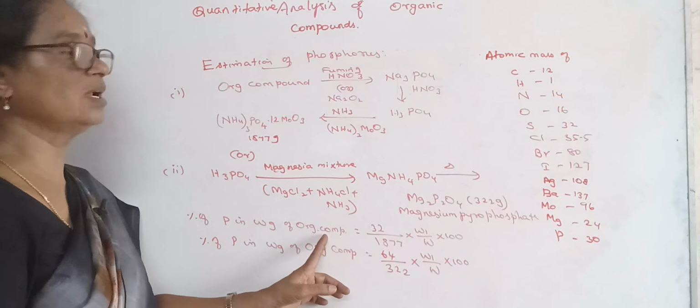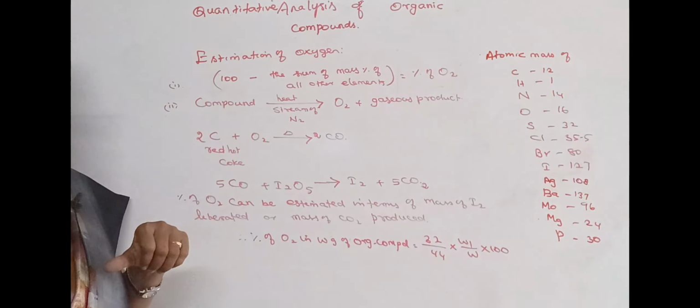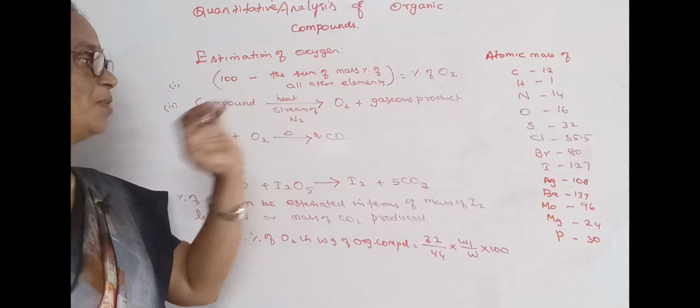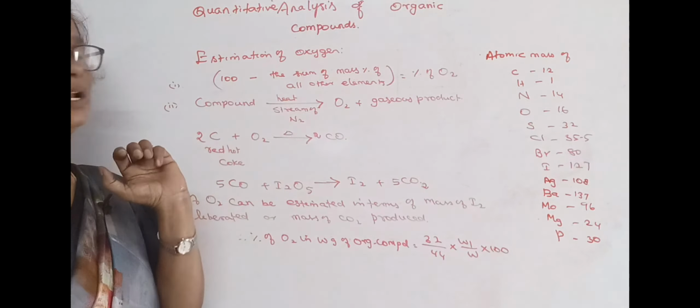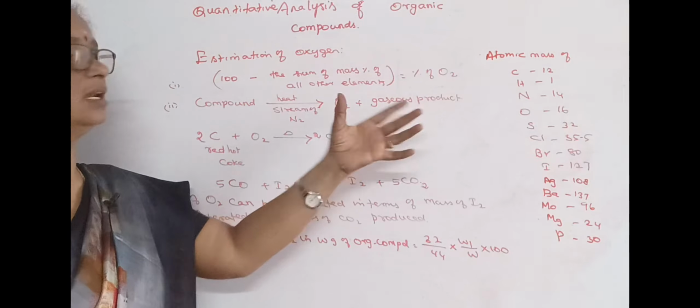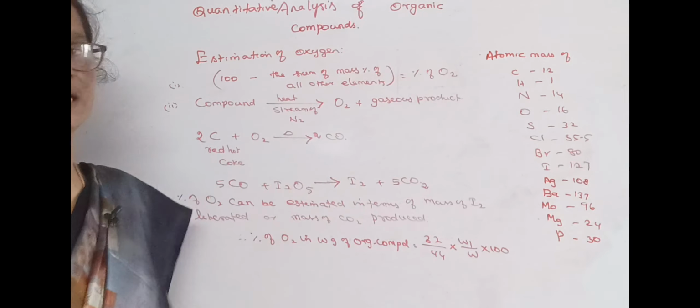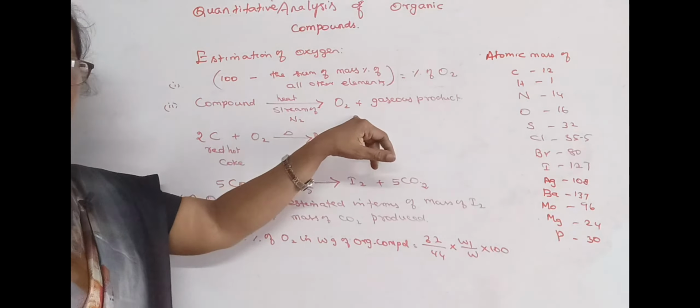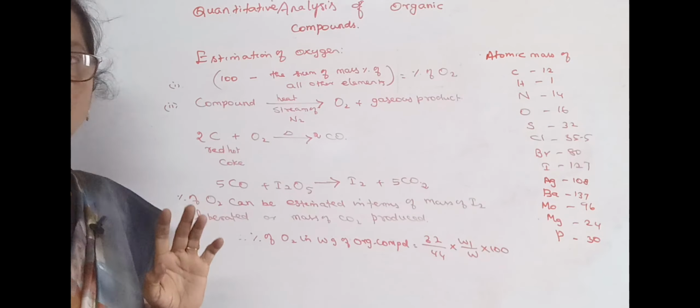This is one way. The other way is that the given organic compound is heated in a stream of nitrogen, where all the elements present in it get converted into oxygen and other gaseous products. Then the mixture of gases is passed over red hot coke, where carbon converts oxygen into carbon monoxide.